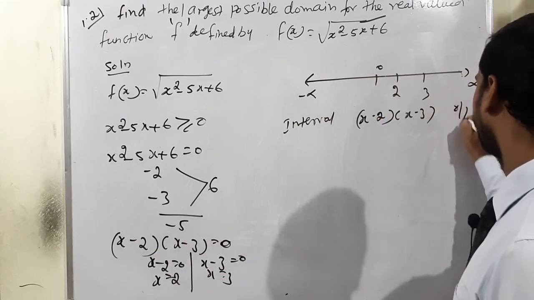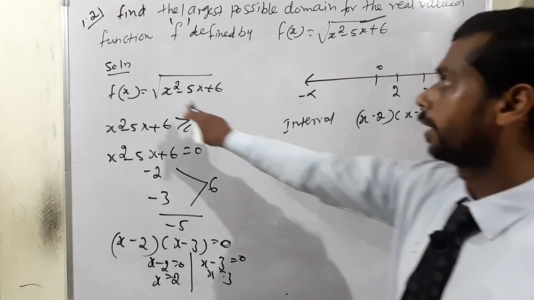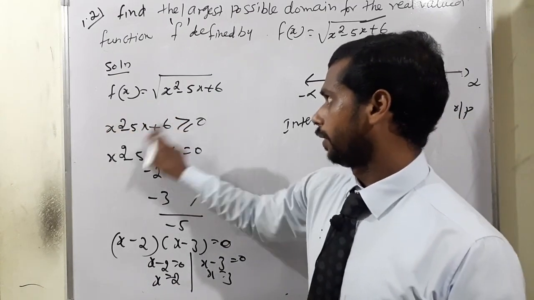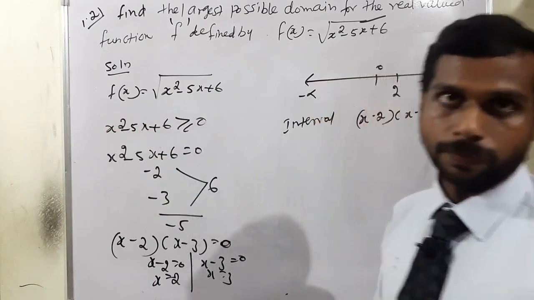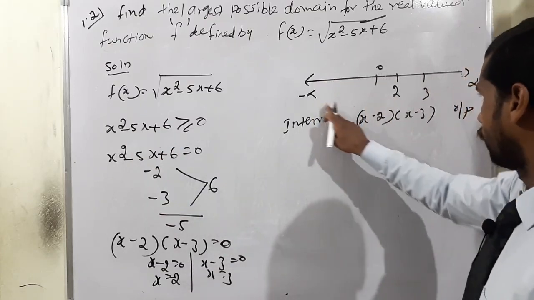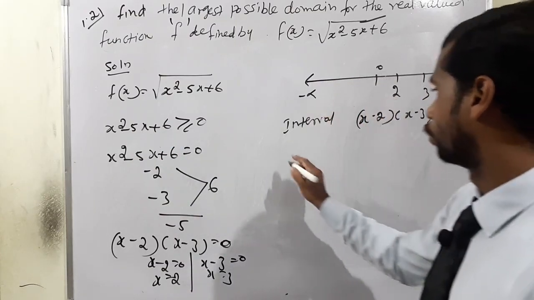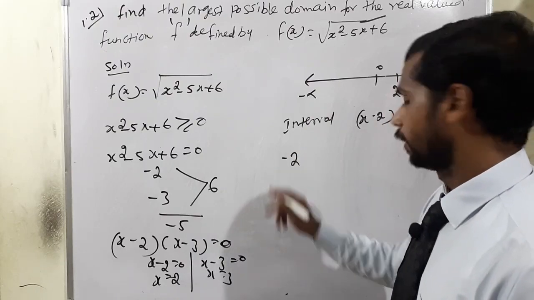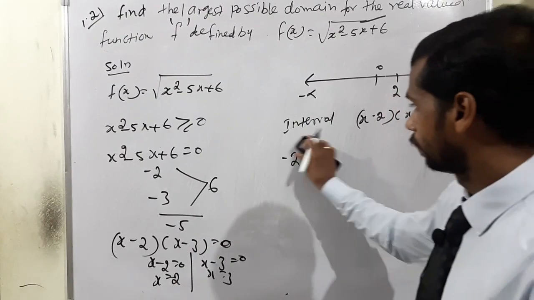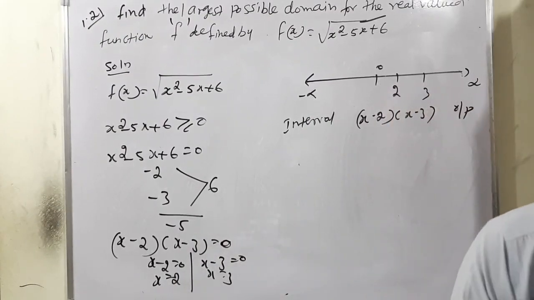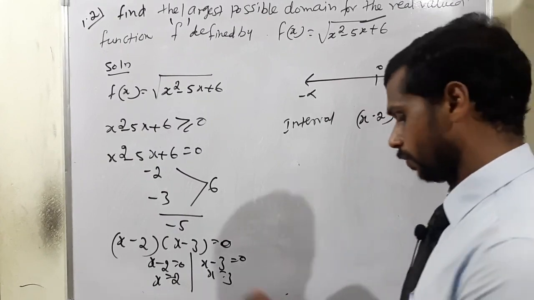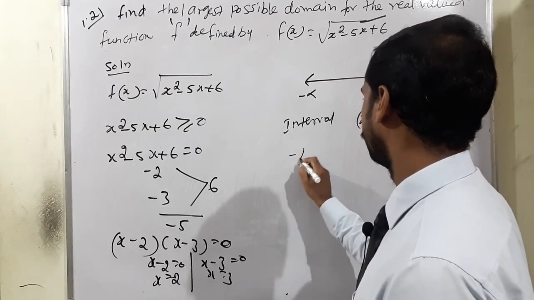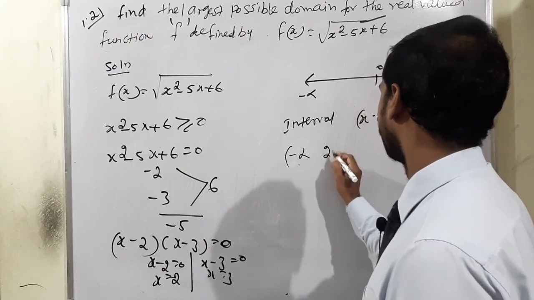Instead of the output, we can write the question itself because this is without the square root: x square minus 5x plus 6. The first interval is minus infinity to 2.